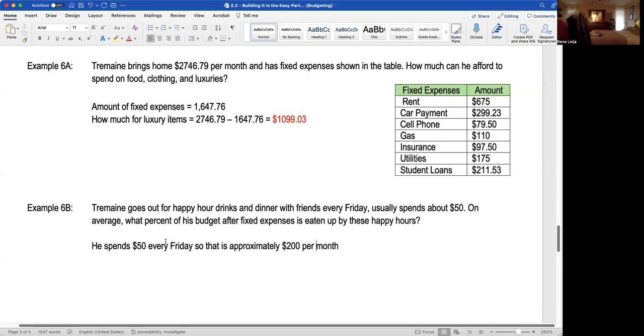Now they want to know on average what percent of his budget after fixed expenses. So this is the fixed expenses, but after you do that, this is the amount, the 1,099.03. What percent is eaten up by these happy hours?